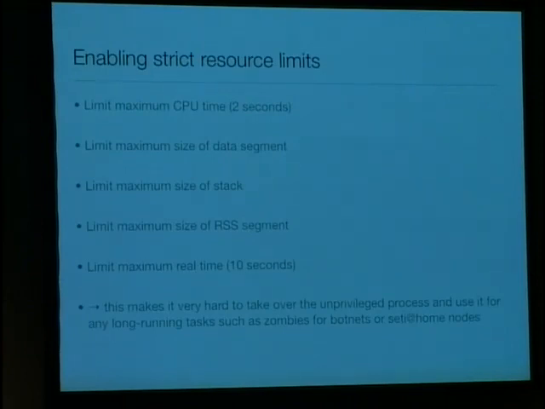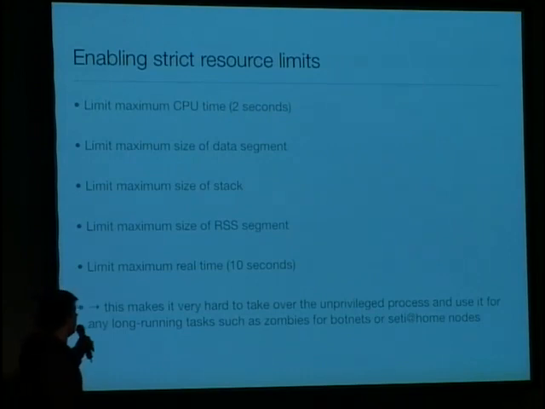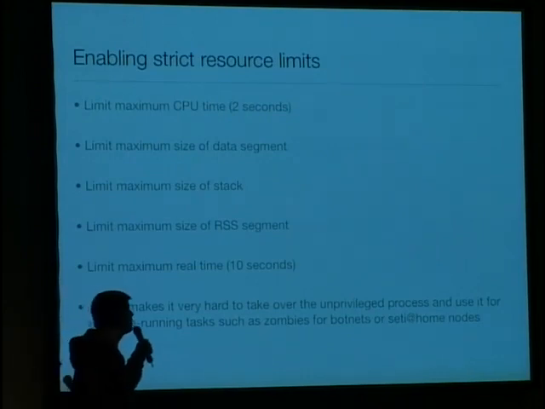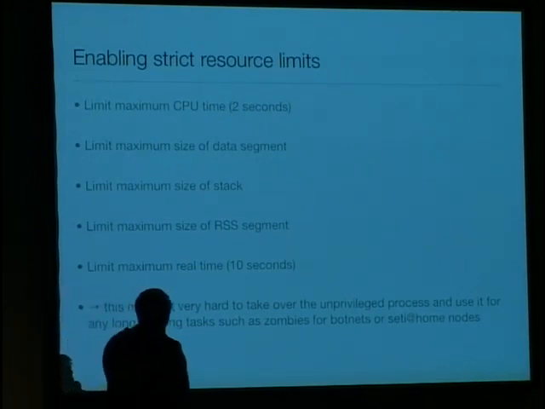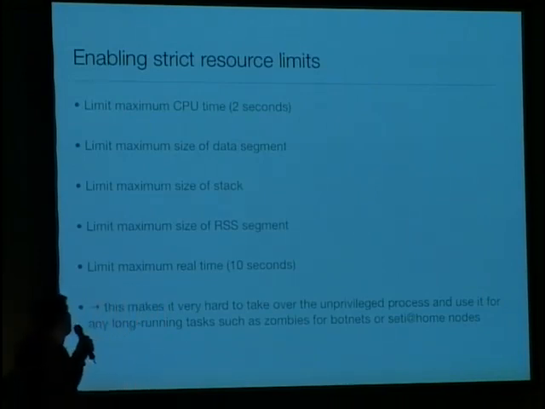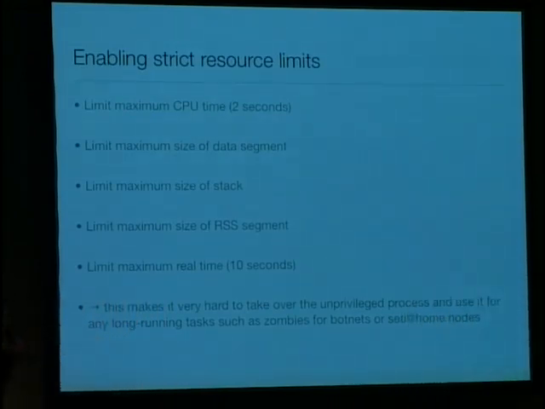A few more words on resource limits. What we did was we limited the maximum CPU time that the child process may use to 2 seconds. We found it to be enough. We limited the maximum size of the data segment, the maximum size of the stack, the maximum size of the RSS, and the maximum real time.